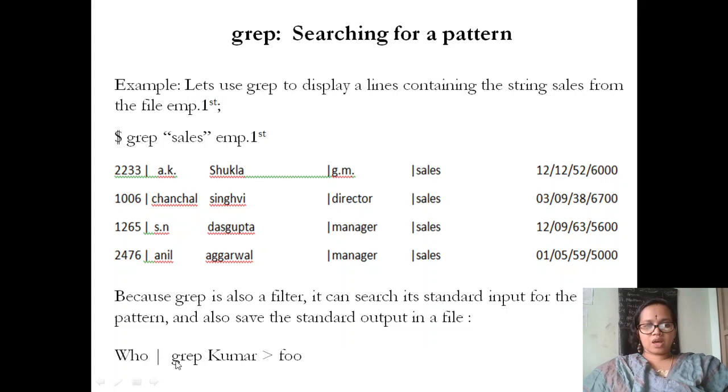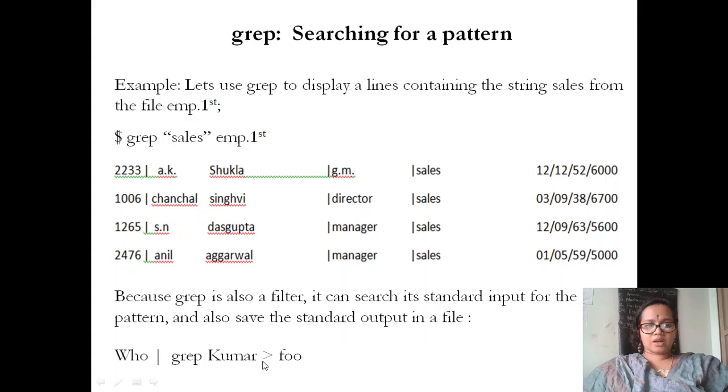We have used the pattern both ways: sales with double quotes, and Kumar without double quotes. Just look here. Sales has been given with double quotes and Kumar without. It will work, there is no problem, but generally it is very safe to use double quotes.